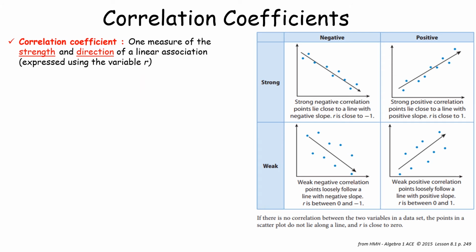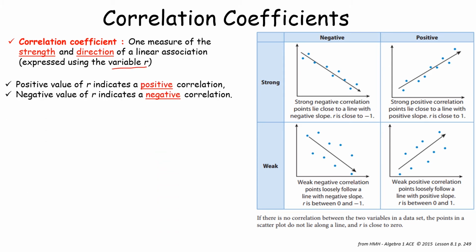Now let's take a look at correlation coefficient. A correlation coefficient is one measure of strength and direction of a linear association, and it is expressed using the variable r. So if r is positive, that indicates a positive correlation. If the value of r is negative, that indicates a negative correlation.